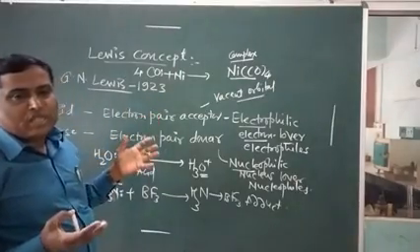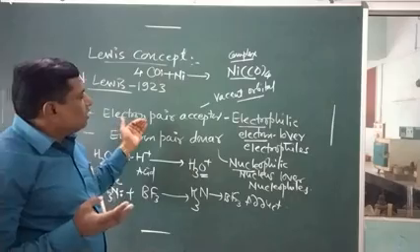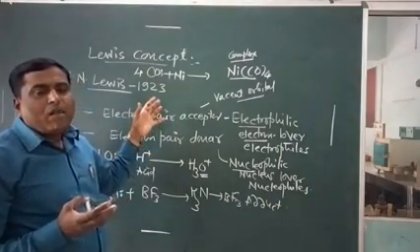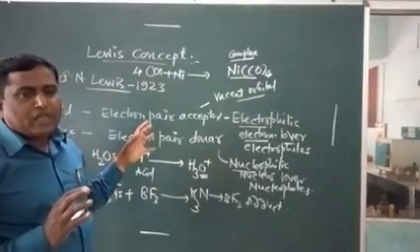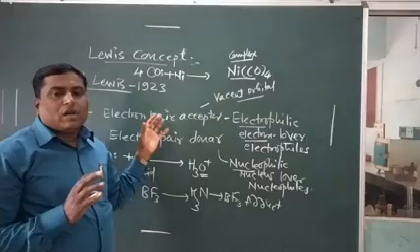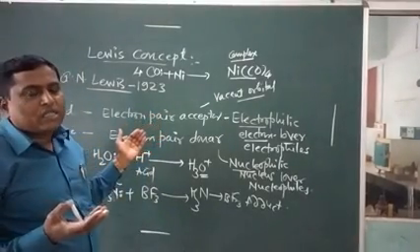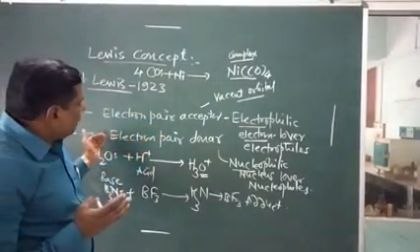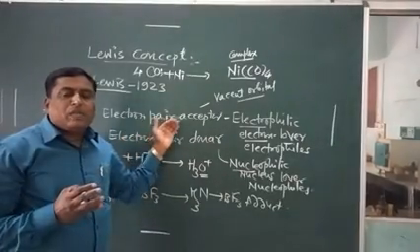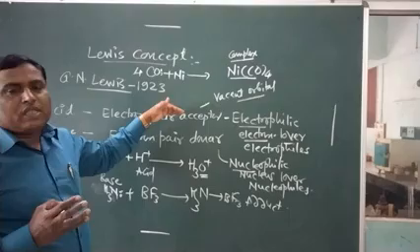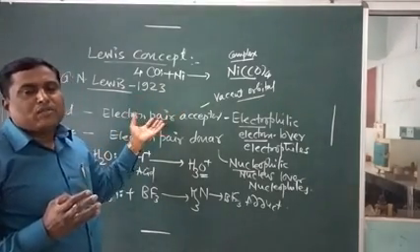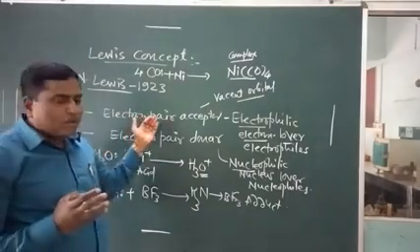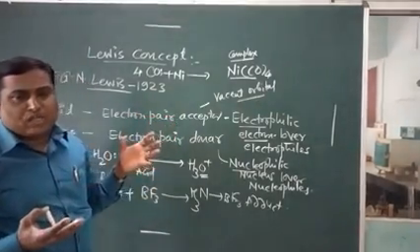How can the Lewis bases be taken? All the anions can act as Lewis bases. Again, neutral molecules such as ammonia and water can act as Lewis bases. Again, suppose we take AlCl3, and other atoms can combine with it.